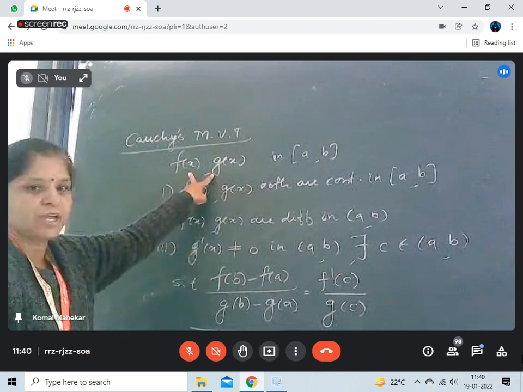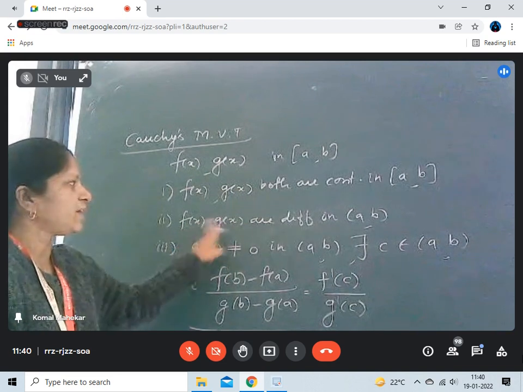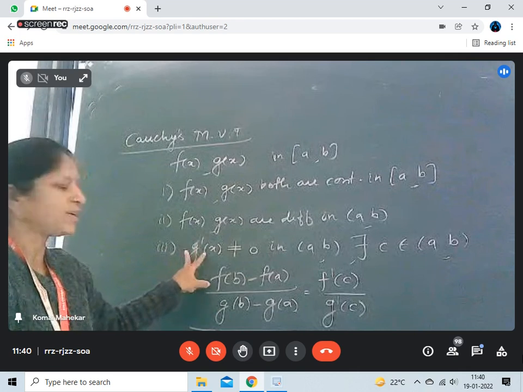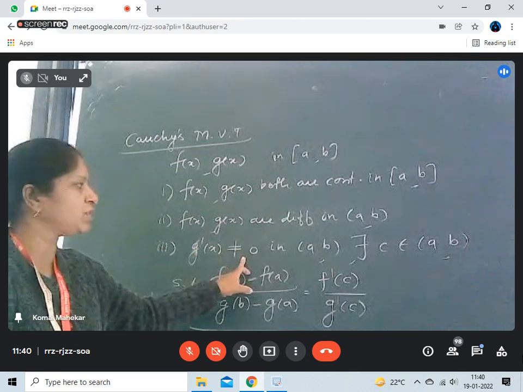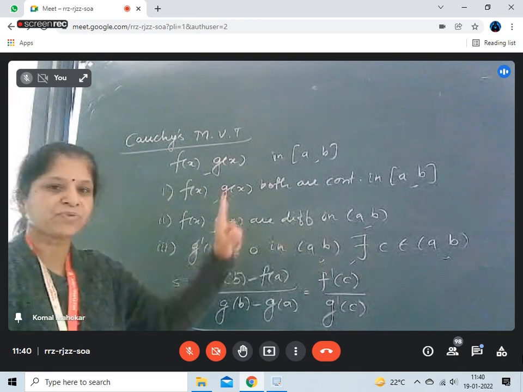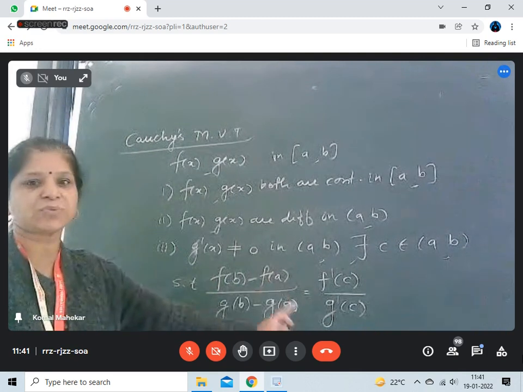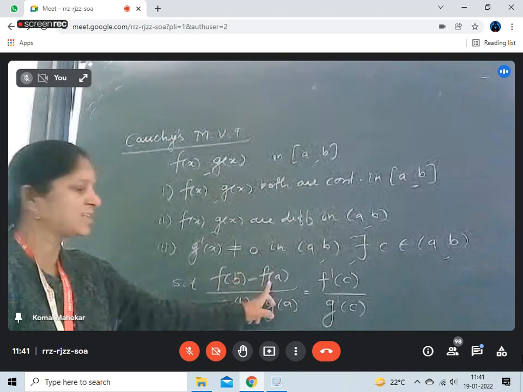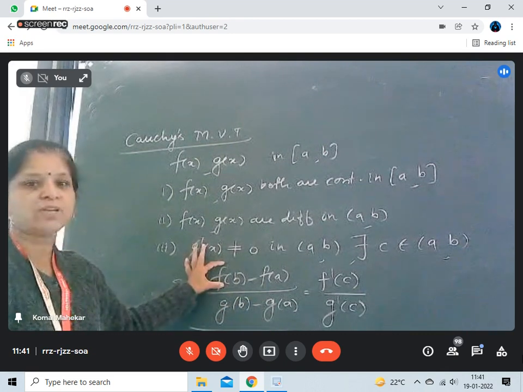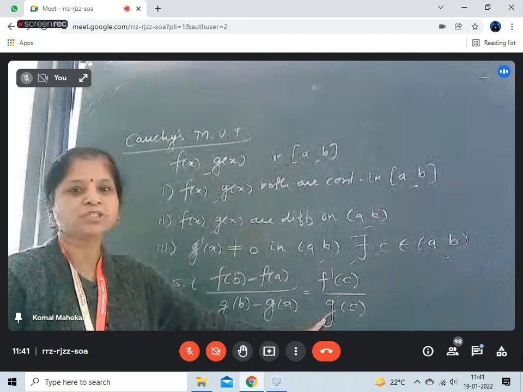If f(x) and g(x) are continuous in the closed interval [a, b], differentiable in the open interval (a, b), and if the third condition that g'(x) is not equal to 0 holds, then there exists at least one point c in the open interval (a, b) such that (f(b) minus f(a)) upon (g(b) minus g(a)) is equal to f'(c) upon g'(c).